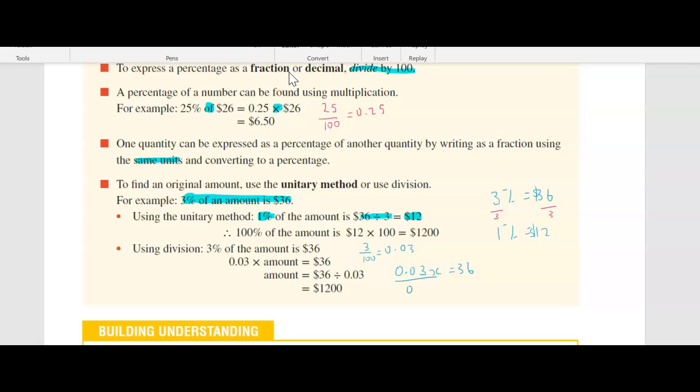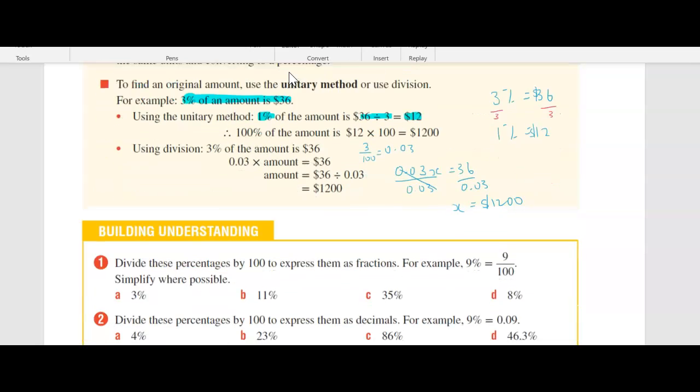So if we divide both sides by 0.03, that's how we can get the 1200. Now this second method I think is a bit easier. You're taking 3% of an amount, but we don't know what that amount is, but we know it's equal to 36. So you're just going to set up your equation and solve it.